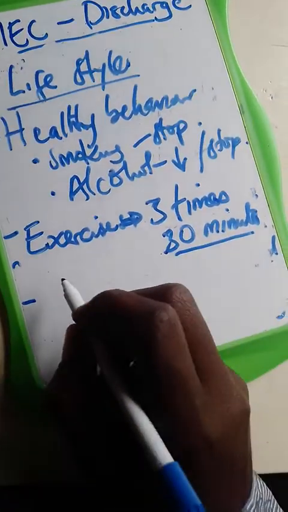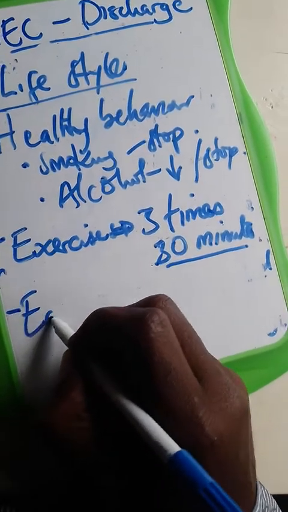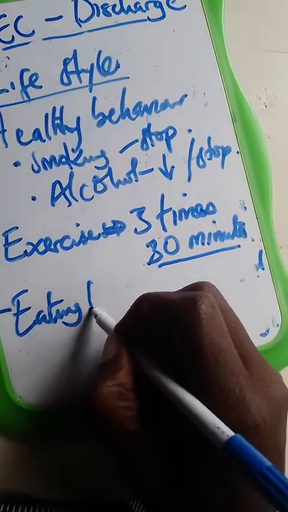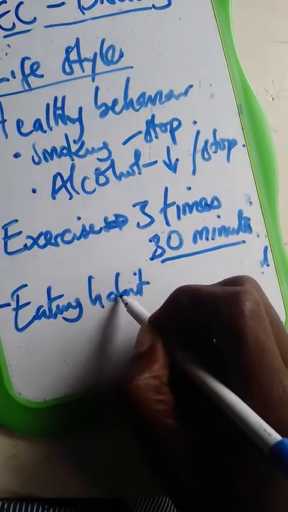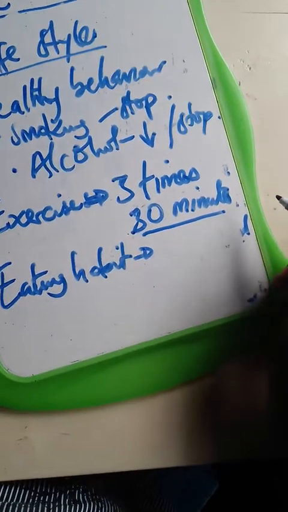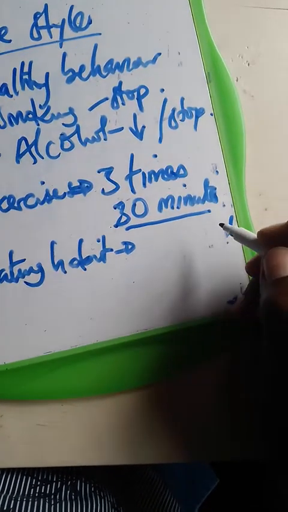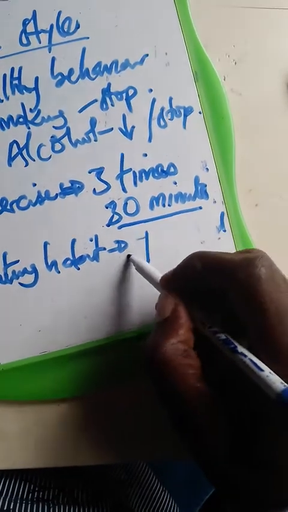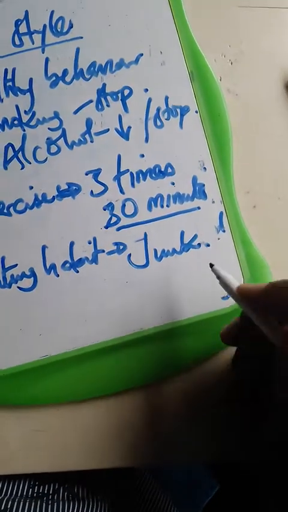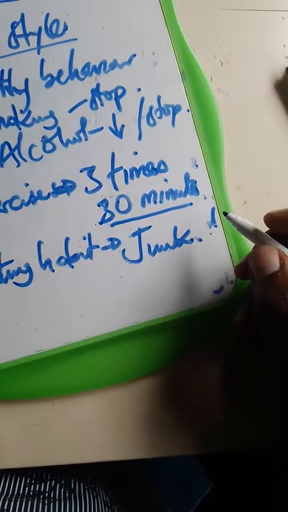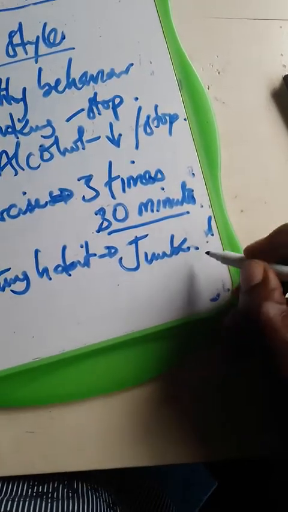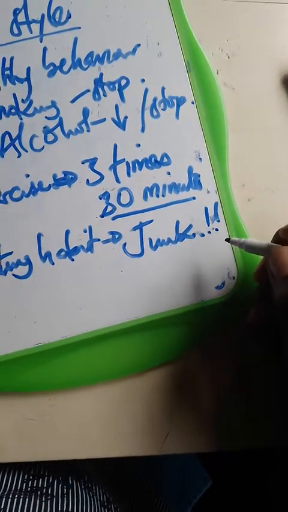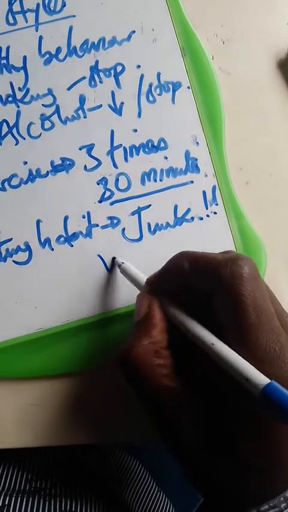Then under lifestyle, we should also look at eating habits. You explain that patients should eat healthy foods, not just junk, for example street foods to quench their hunger. They should eat healthy foods such as vegetables.